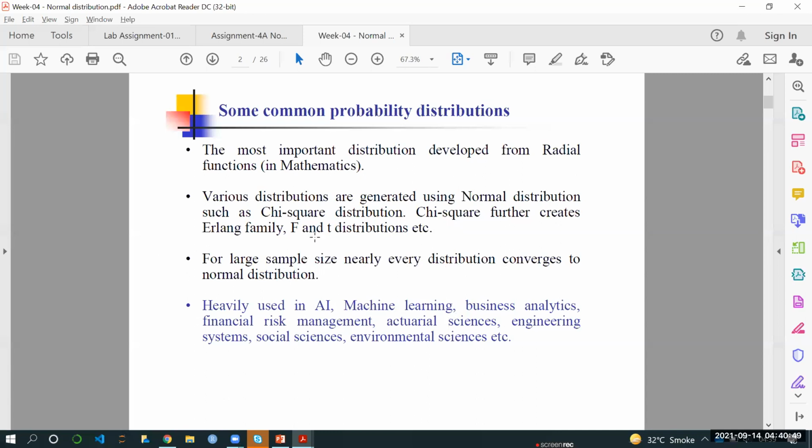There are two types of lines. One is the dashed lines. The other one is the black line. So the dashed line is presenting that you have a large sample size. For example, if I assume binomial distribution.